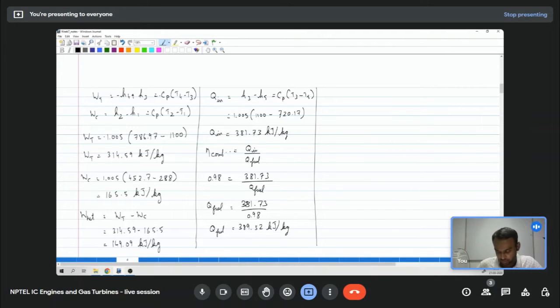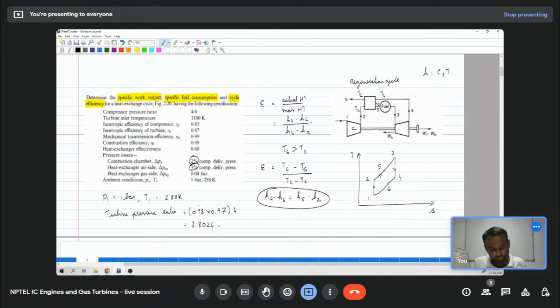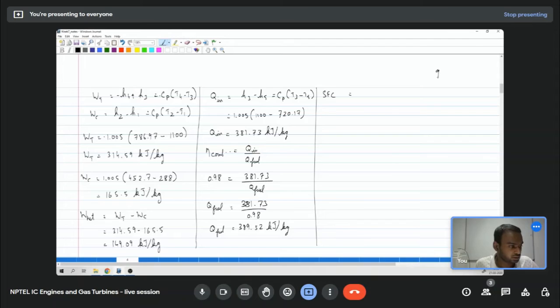Since we need specific fuel consumption, that is SFC, generally the calorific value of the fuel will be given, and then the specific fuel consumption will be in terms of gram per kilowatt hour.